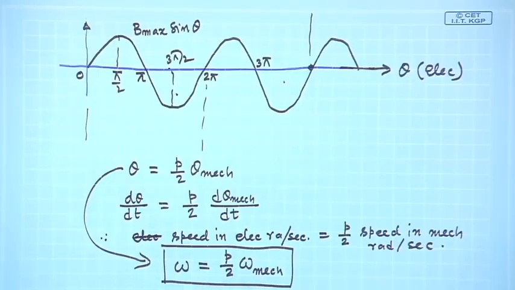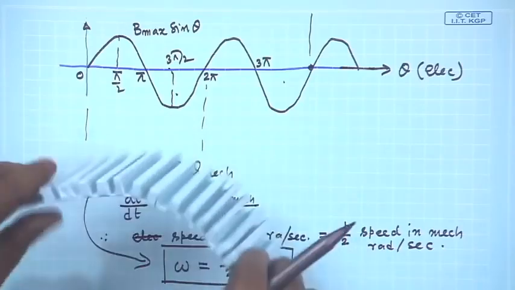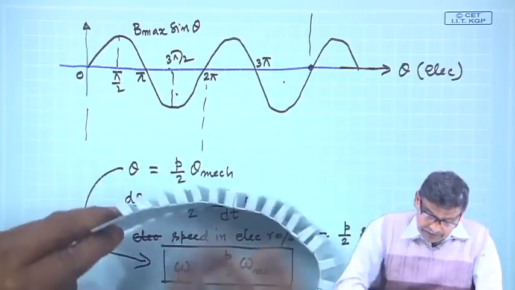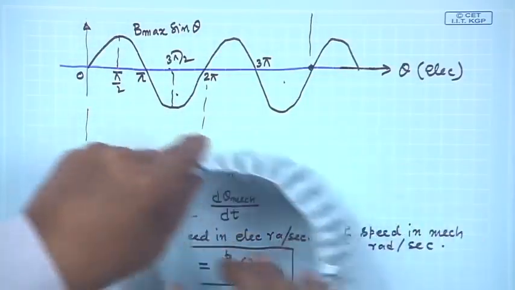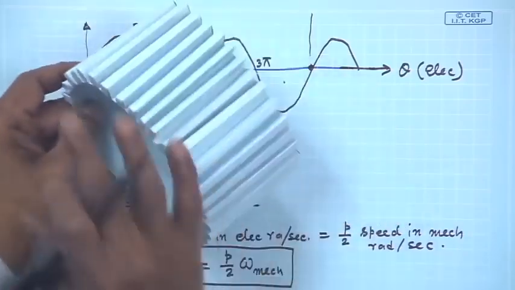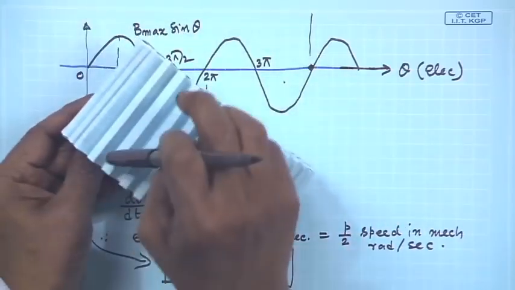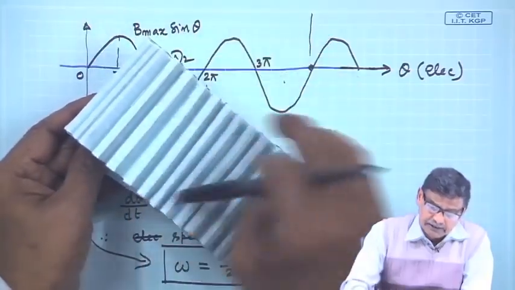Therefore, while placing a coil in these slots like this, as I told you, you place one conductor. So, this is 360 degree mechanical. Here is the slot, here are the number of slots.